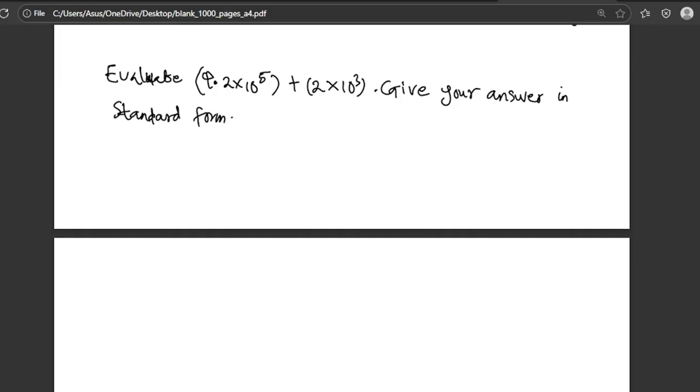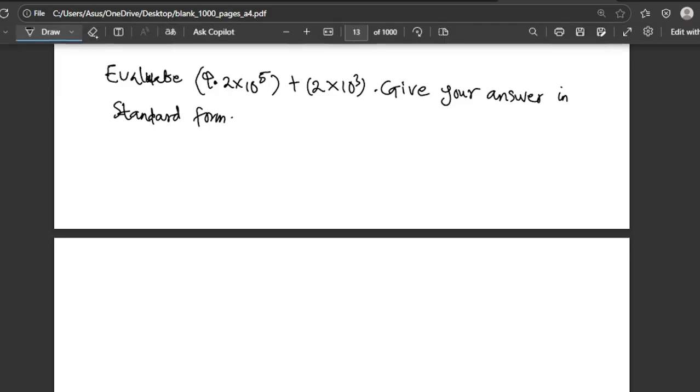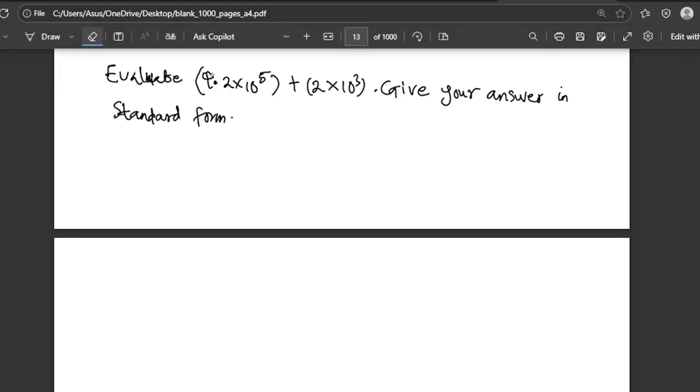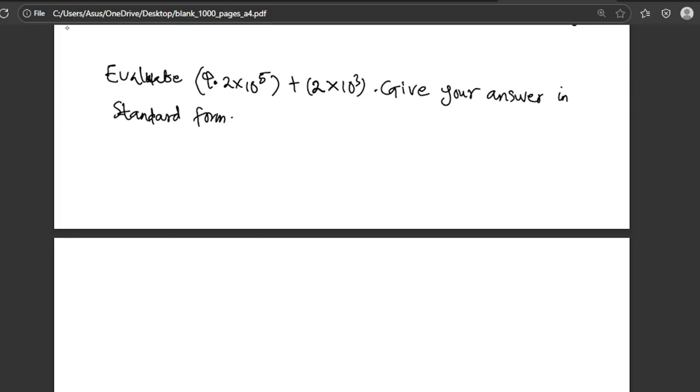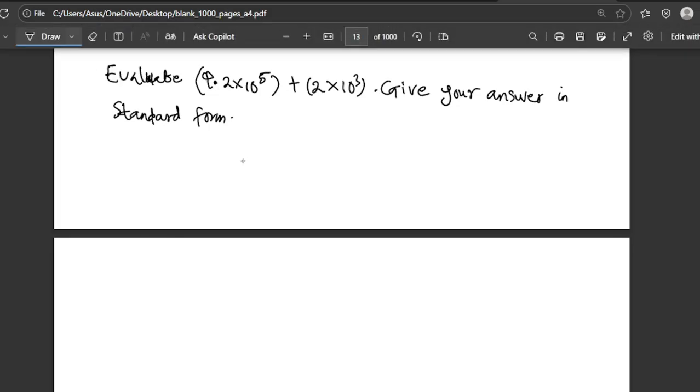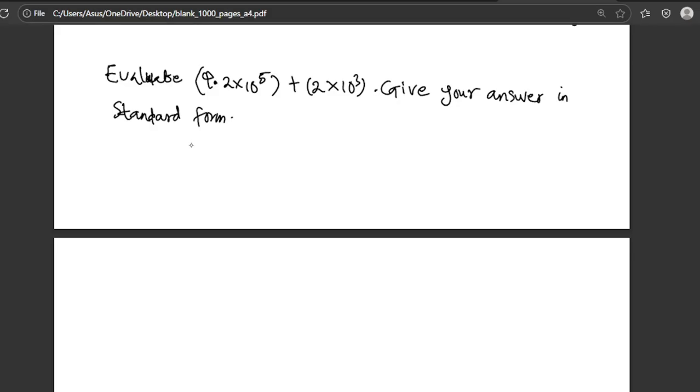Now, the easiest way to do this is to convert the two numbers to ordinary form, then add. After adding, convert the final answer to standard form. That's the easiest way of doing this. Now, for 4.2 times 10 to the power 5 in ordinary form, how do we do it? Remove the decimal point 5 times to the right.